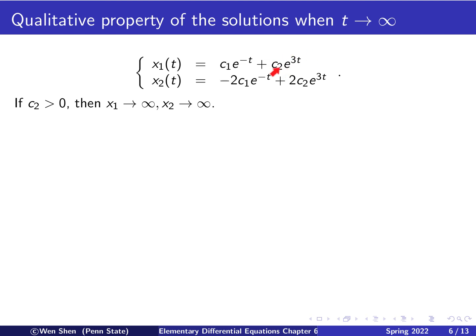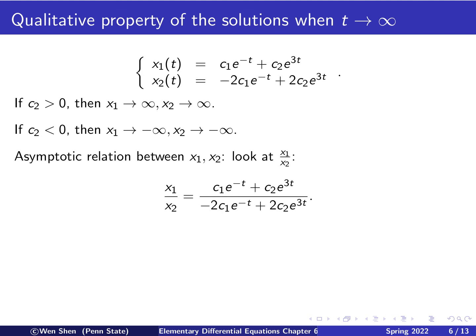The other exponential term with the positive 3 in front of t will grow in magnitude to infinity. But whether it goes to plus or negative infinity depends on the sign of the constant in front. If c2 is bigger than 0, then x1 and x2 will both go to plus infinity. If c2 is a negative number, then they will both go to negative infinity.